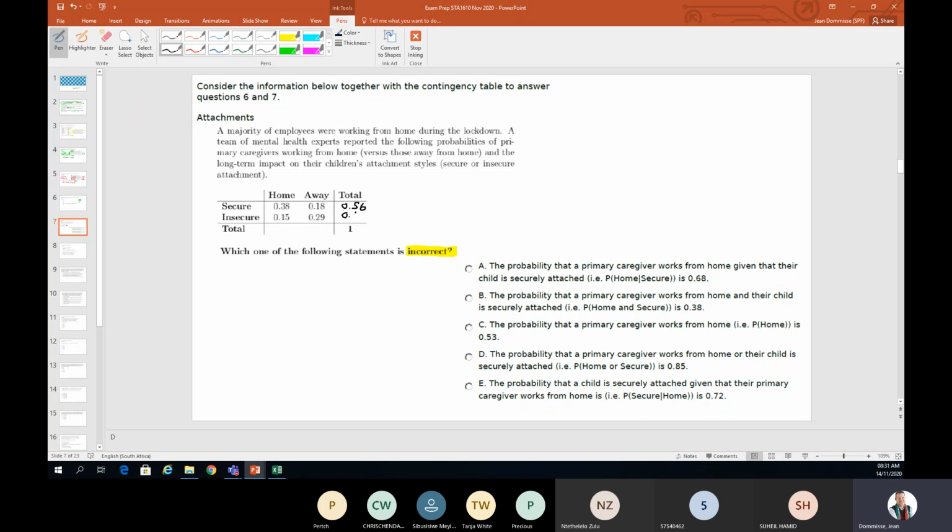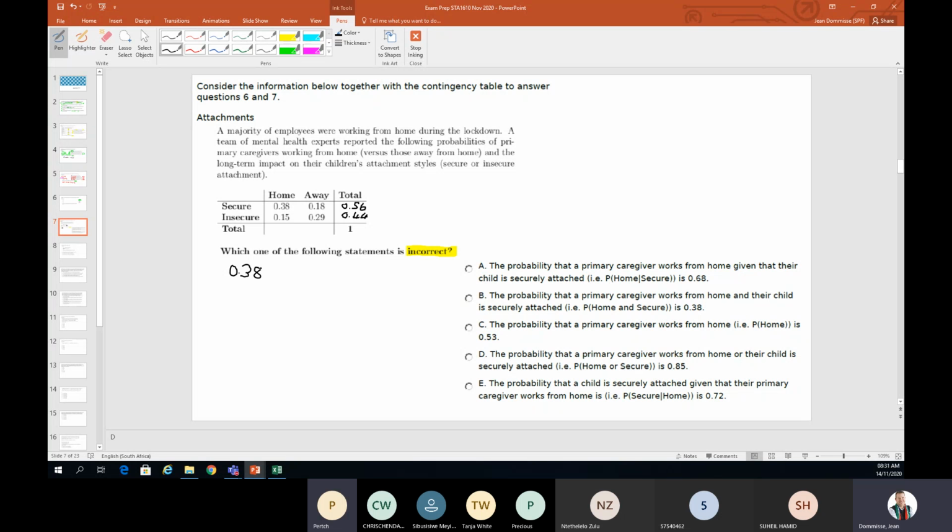So when you do this in the exam, because it is online, you need to draw that on a piece of paper to then work out. The probability that the primary caretaker works from home given their child is securely attached.